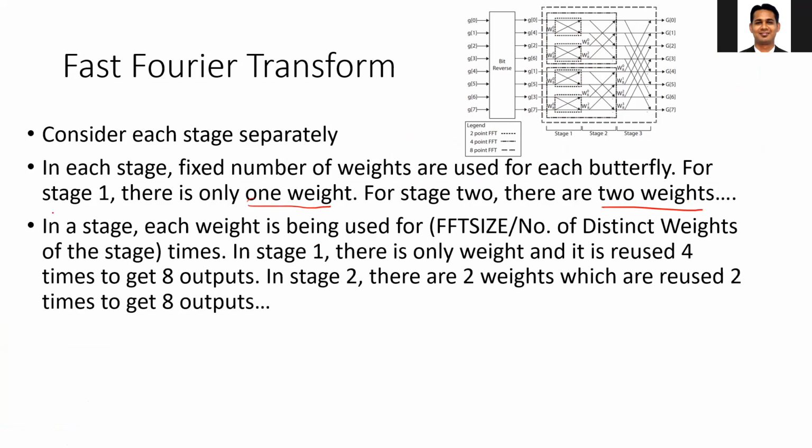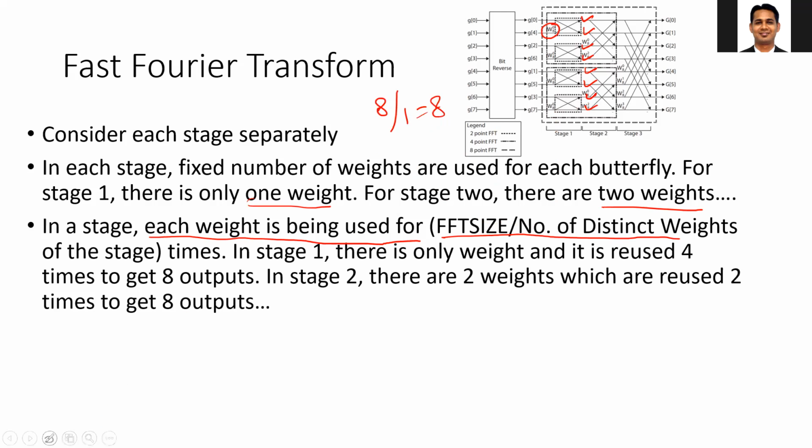Now, in a given stage, each weight is used for FFT size divided by the number of distinct weight types. For example, in stage 1, there is only one weight, and it is used for this output, this output, this output, this output, this output, this output, this output, and this output. So the FFT size is 8, and the number of distinct weights in that stage is only 1, so each weight is used 8 times.